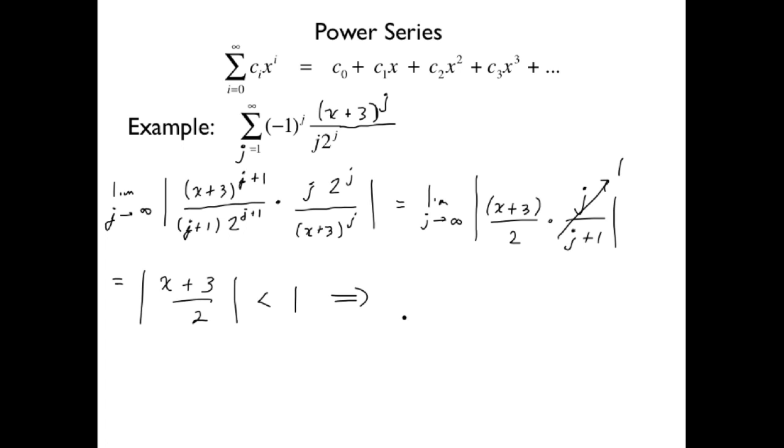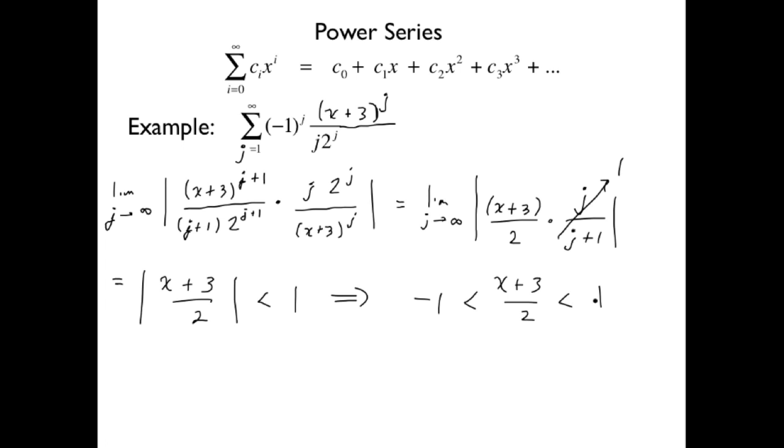What does it mean if the absolute value of x plus 3 over 2 is less than 1? It implies that x plus 3 over 2 is less than 1, but it could also be down to negative 1, right? Now we got to solve this. We want x in the middle, right? We want to figure out what's our interval of x. So first step, multiply.